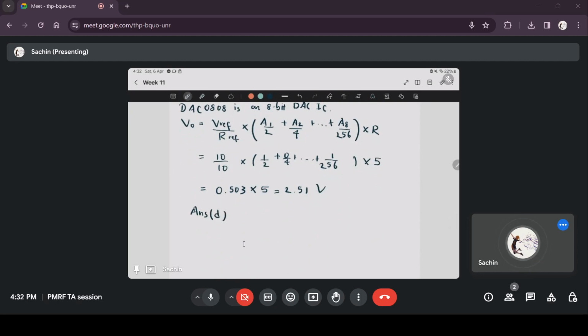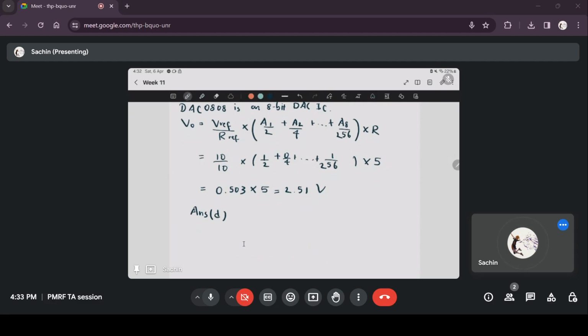In all these questions, what you need to remember is what type of circuit it is. Is it a digital to analog converter, or is it an analog to digital converter? And then once you know which type of circuit it is, further which specific circuit configuration does it have.